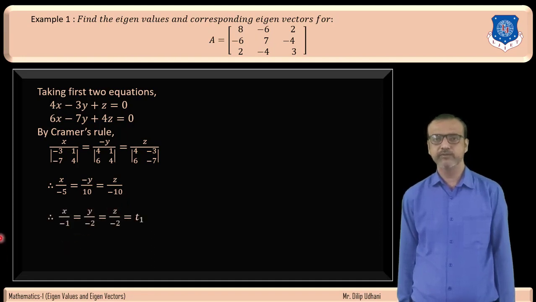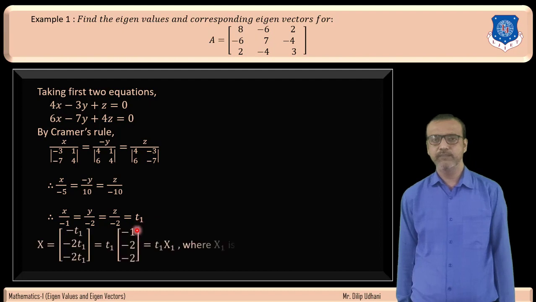Now multiplying this expression by 5, we have x over minus 1 equals y over minus 2 equals z over minus 2. Let's say this equals t1.